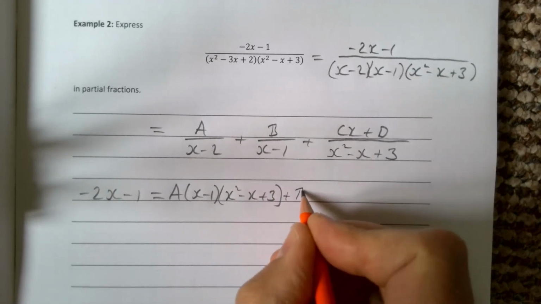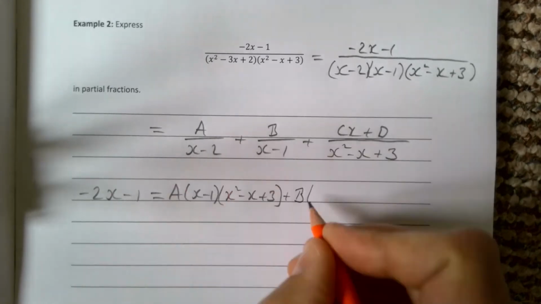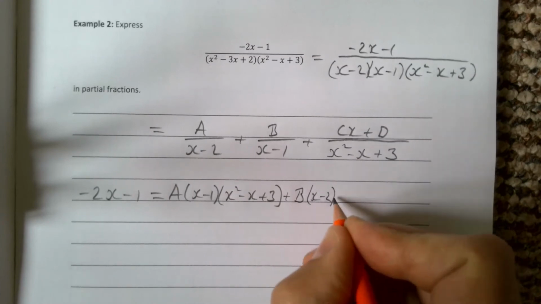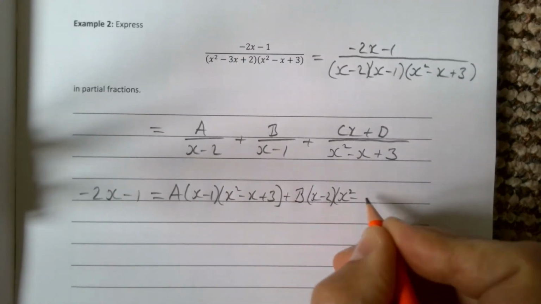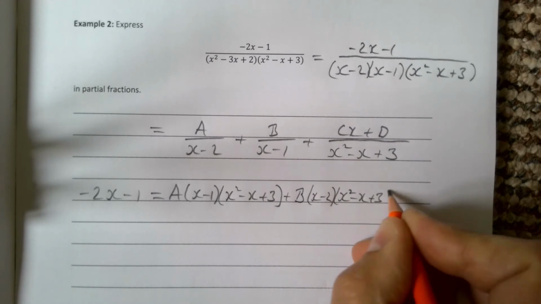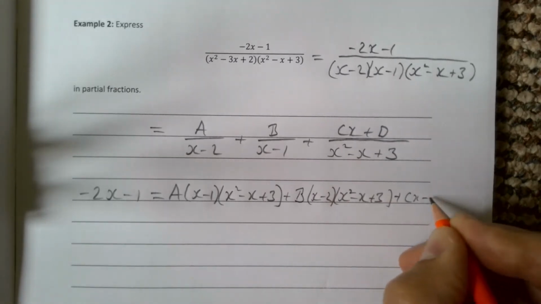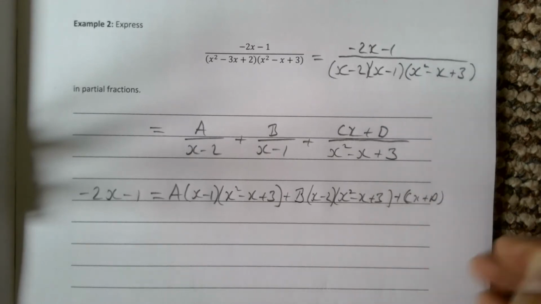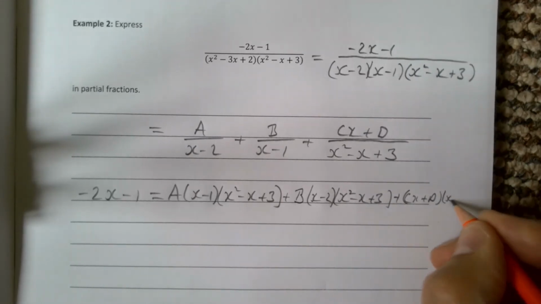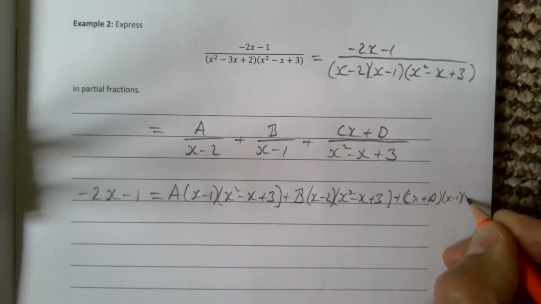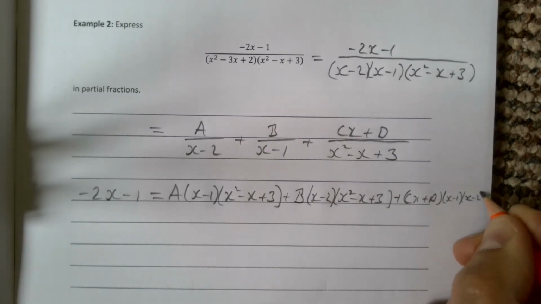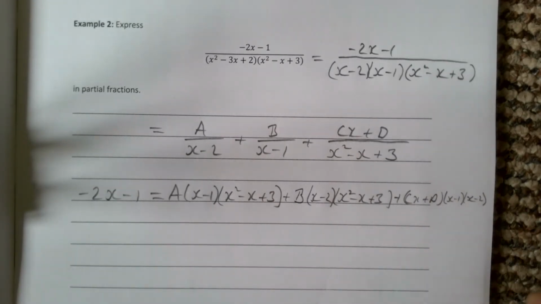Plus B upon (x minus 2), so I'll write a bit smaller, (x squared minus x plus 3), plus (Cx plus D) upon (x minus 1)(x minus 2).